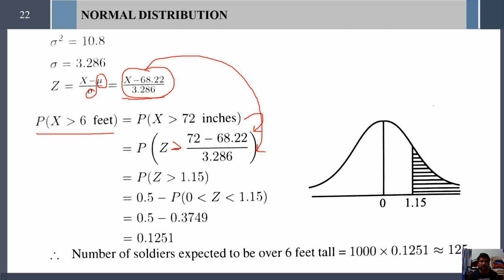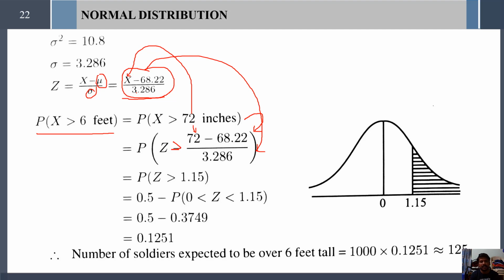This 72 is nothing but x equal to 72. You simply substitute x equal to 72 in that standard normal variate.